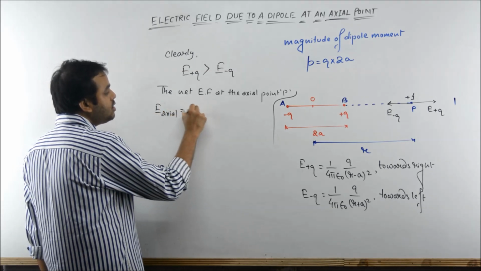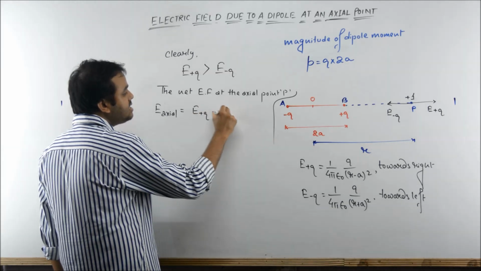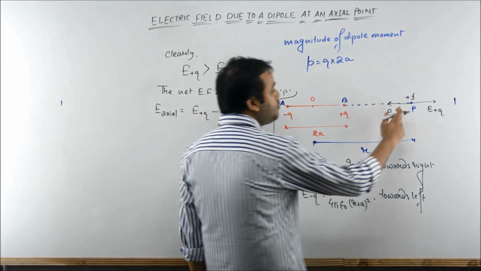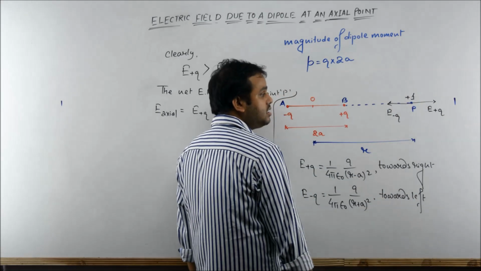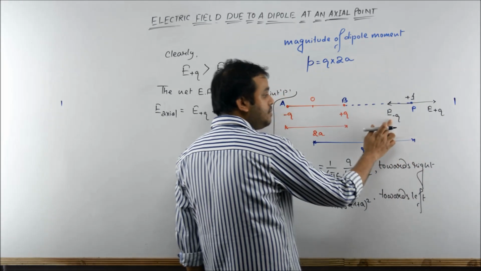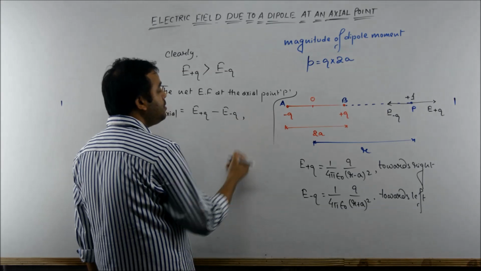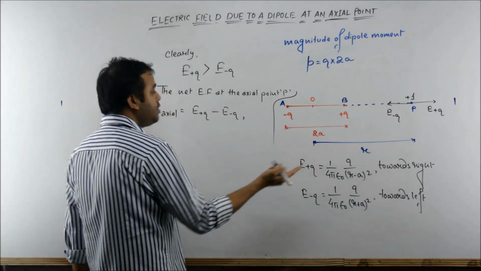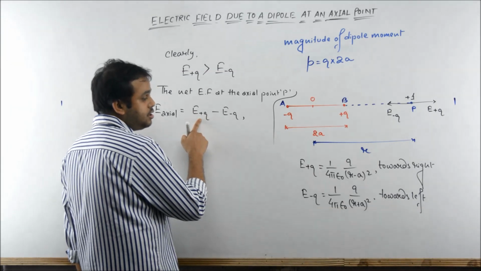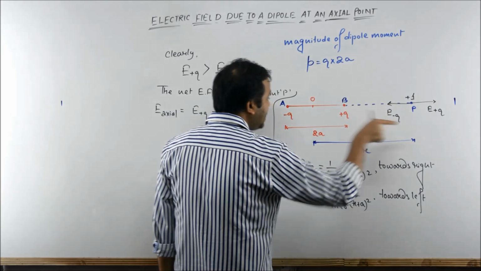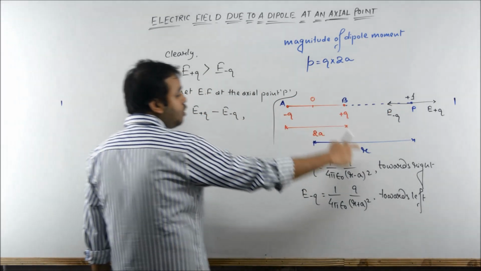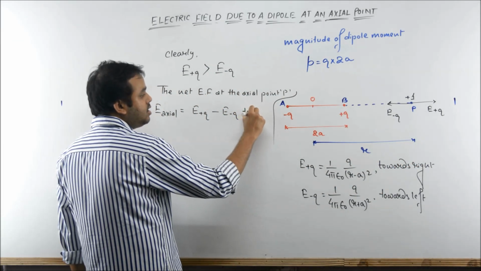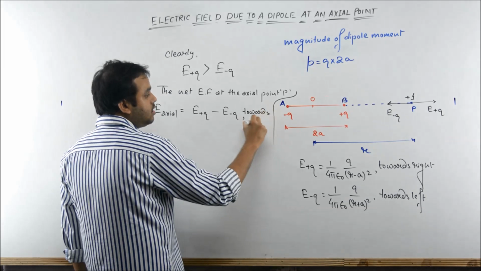So it is equal to E plus q minus E minus q. So why subtract? Because these two vectors are in opposite direction, and E plus q is greater than E minus q, and the direction will be towards E plus q because it is the vector with greater magnitude. So the net electric field will be towards E plus q, or you can say towards right. E plus q is towards right. So here you can write towards right.